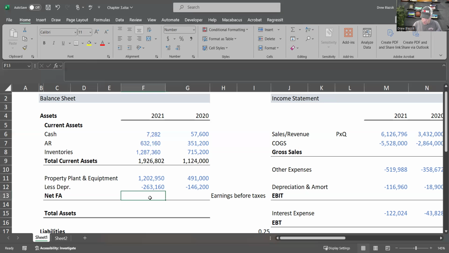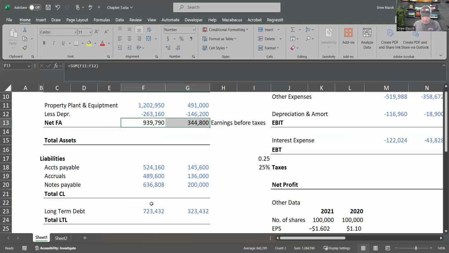So again, I'm going to hit alt equals. It's going to sum those up. I'm going to hit enter. Now yours, when you hit enter, will go to the next cell down. I deactivated that. When I hit enter, it stays in the cell. Finance majors might want to do that. I can show you in class. Hit shift, hit to the right, hit control R, and that will bring it over.